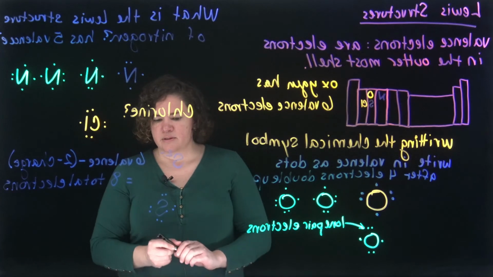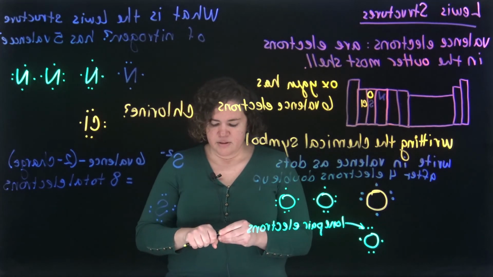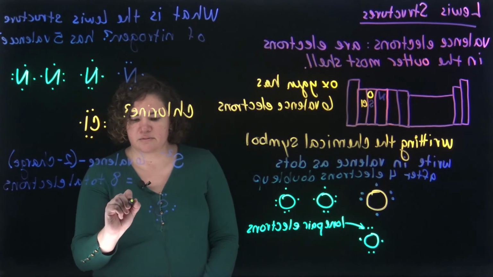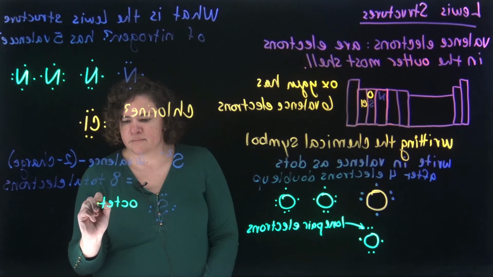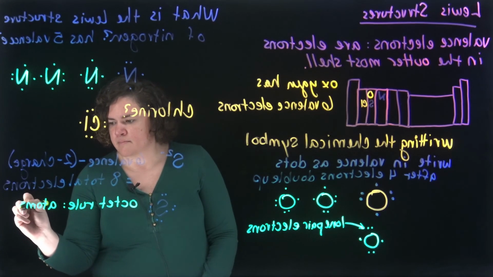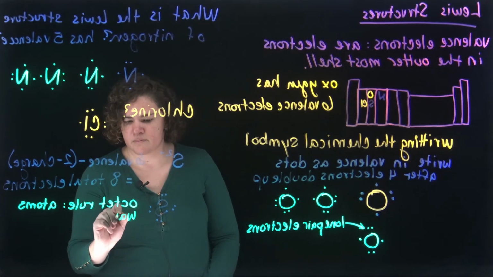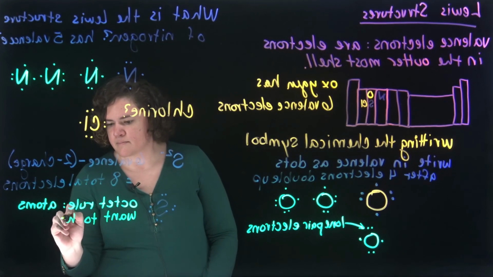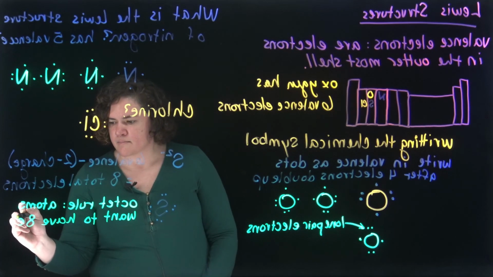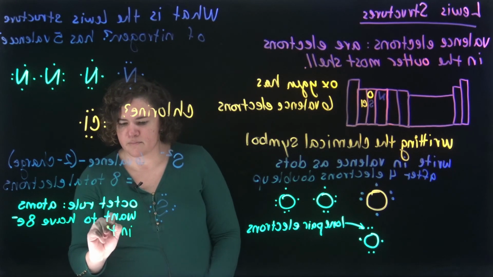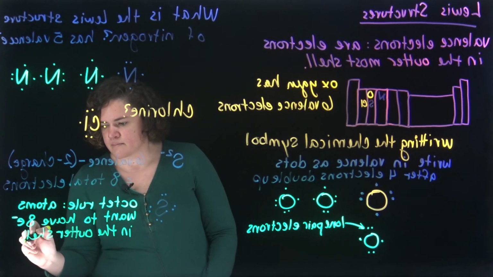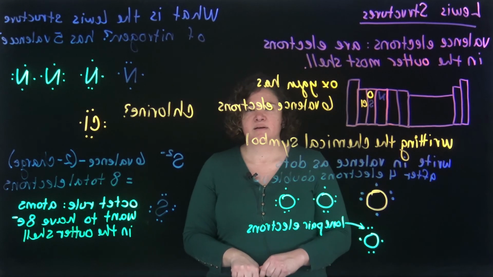The octet rule states that all atoms want to have 8 electrons in the outer shell. And this will become more apparent in the next video.